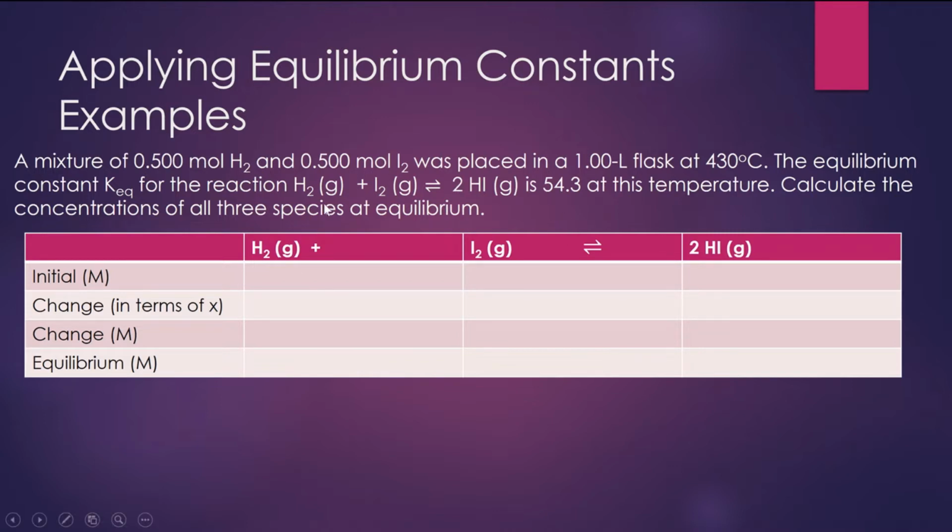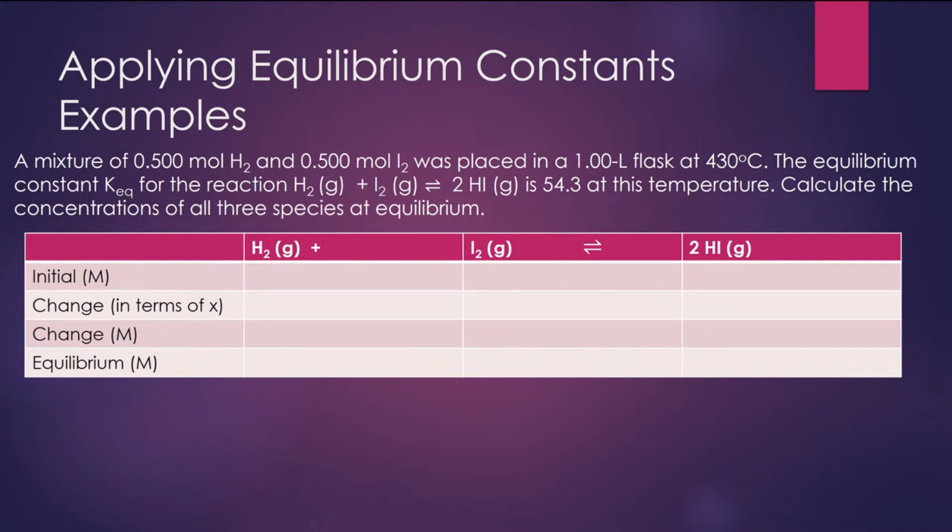So applying equilibrium constants. The idea is we know that if a reaction goes to equilibrium, which they all will eventually, and if we know at least one of the starting concentrations as well as the K equilibrium, or for that matter, if we know the equilibrium concentration, it sets us up with an algebraic formula that we can solve for.